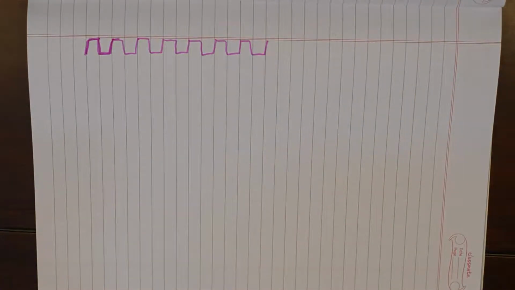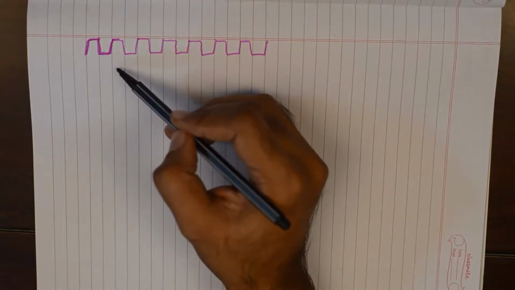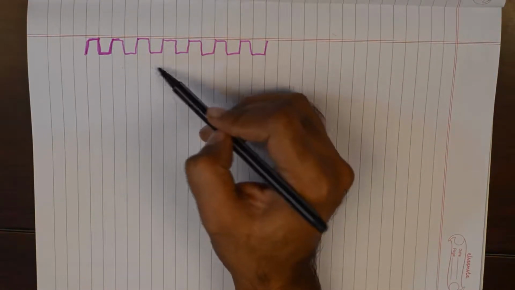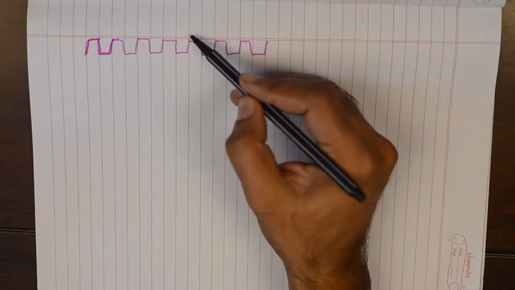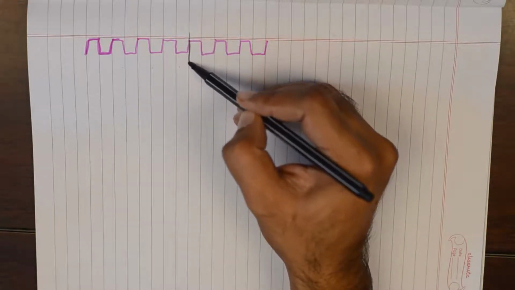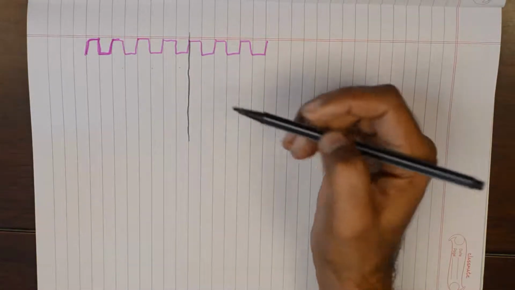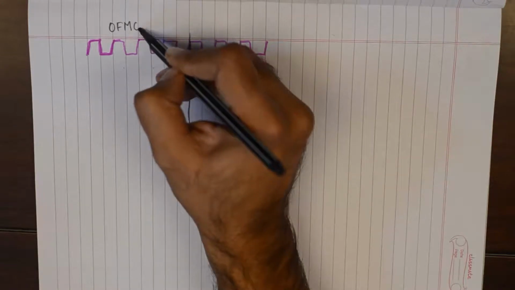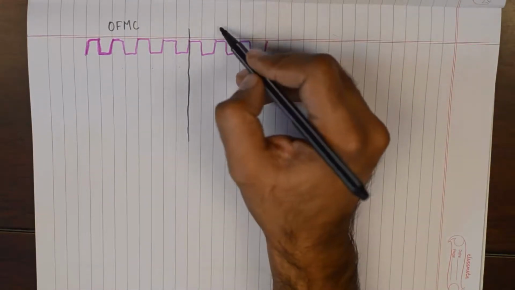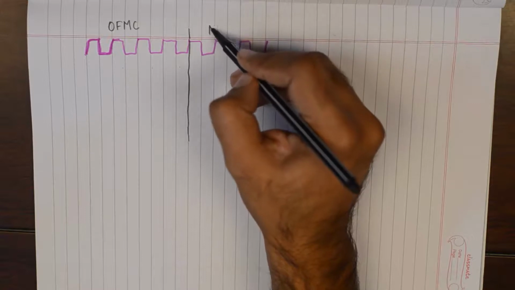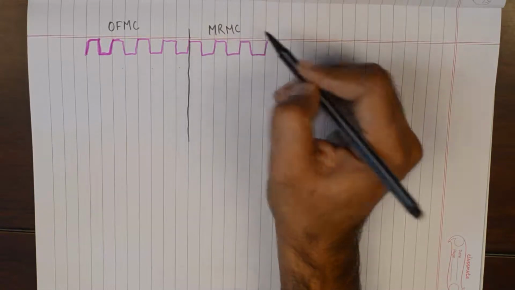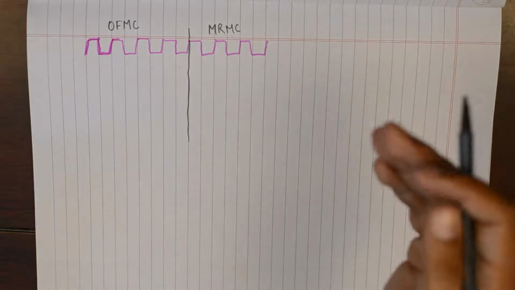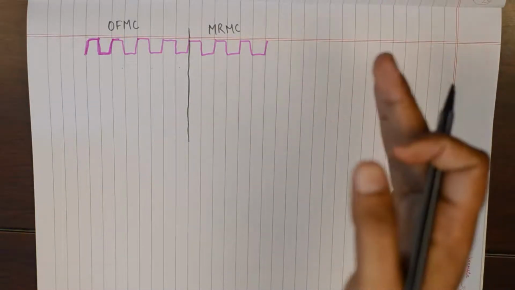Now we know that out of these 7 T states, the 4 T states are for opcode fetch machine cycle, and the next 3 T states are for memory read machine cycle as interpreted by the instruction.